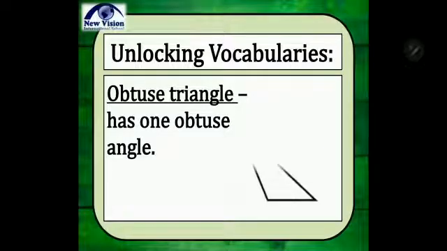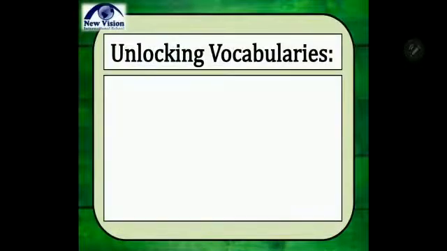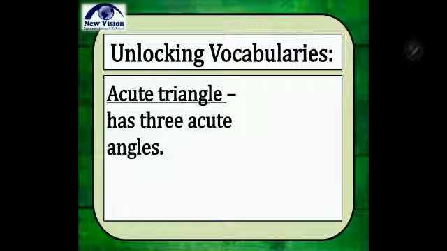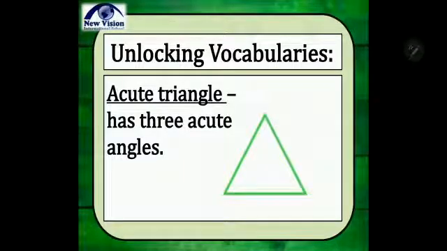When we say obtuse angle, it's an angle that is greater than 90 degrees. Next, the last one is an acute triangle. An acute triangle has 3 acute angles. 1, 2, 3. So when we say acute angle, it is an angle that is less than 90 degrees.